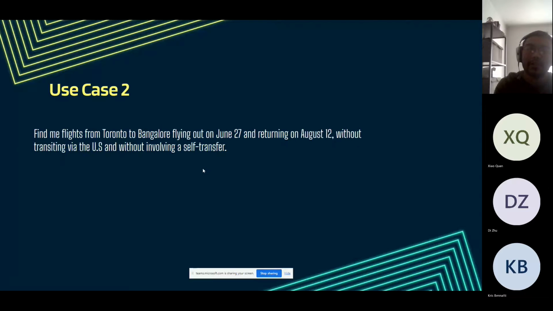The second use case is something I faced myself recently. I'm not a Canadian citizen, so that means I can't transit via the US because I don't have a transit visa, and I also can't do self transfers because for most countries in the world I would need a visa.